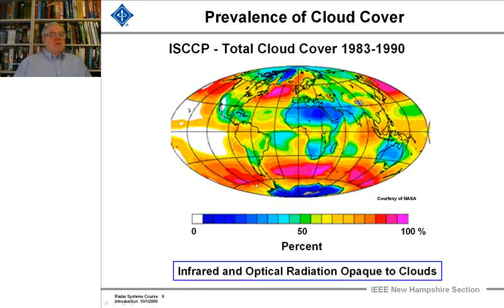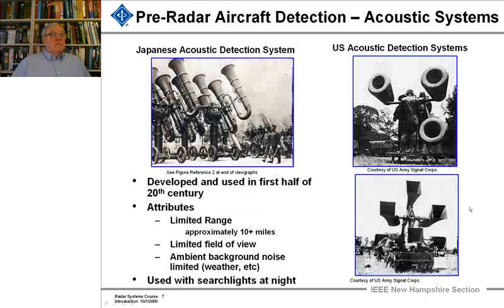This is the percentage of the time that you have cloud cover, and you can see that there's not a lot of the time that you have a cloud-free line of sight that you can count on. Both infrared radiation and optical radiation are opaque to clouds.